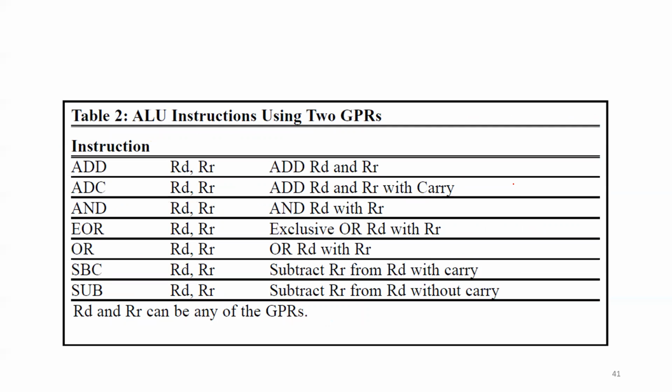Now, what are the different instructions in the arithmetic and logic unit that are using GPR registers? All of the instructions are like that: add, this is to add two numbers. Add with carry. What's the meaning of add with carry?